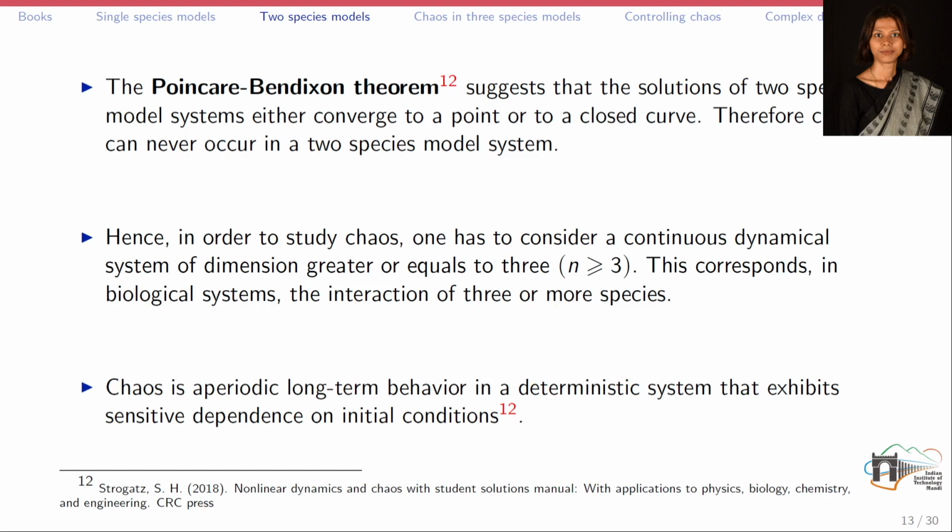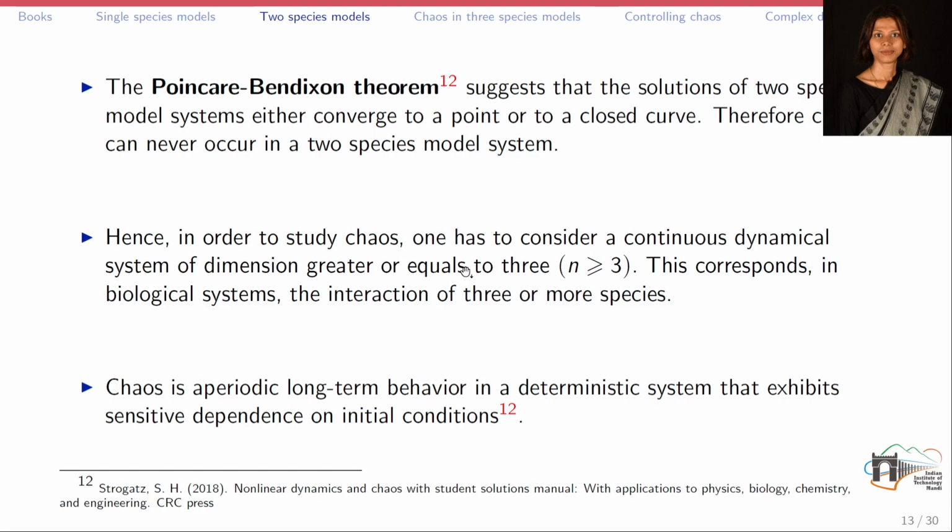So what are those goals or problems that mathematical ecologists discuss? One of them is understanding or studying the chaotic dynamics in the mathematical model. So what is this chaotic dynamics? Let us discuss it in brief here quickly. And how do the mathematical ecologists study it?